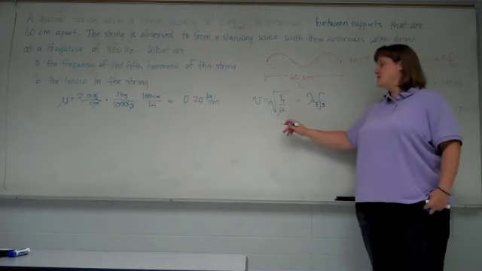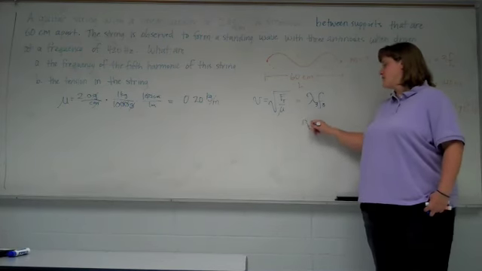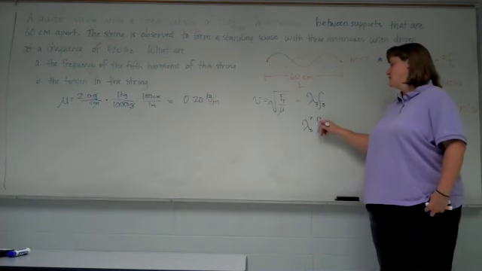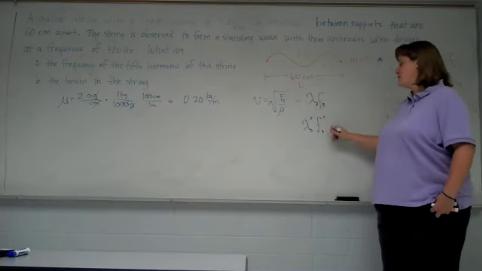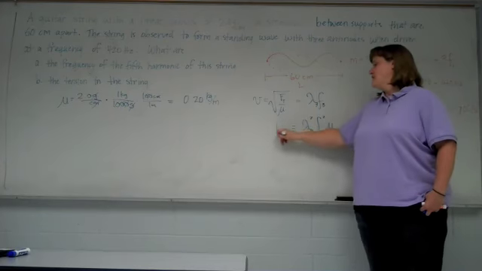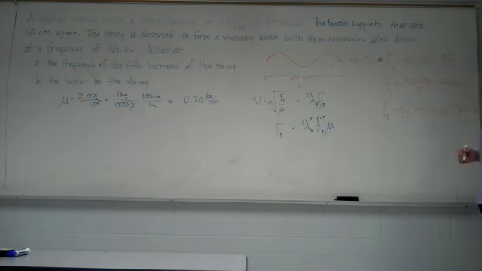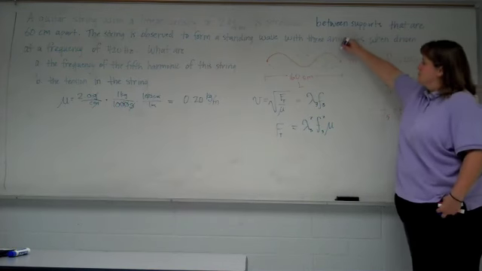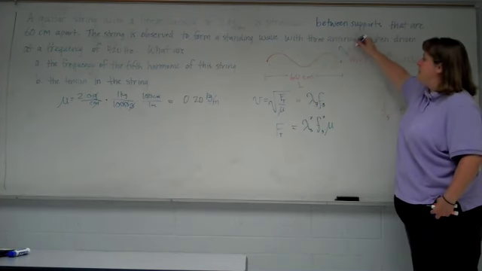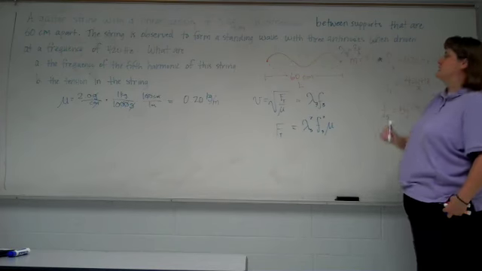So the force of tension, when I square both sides and bring mu up, that's going to be the force of tension. So lambda 3, the wavelength for the third harmonic, is going to be 2L over 3.